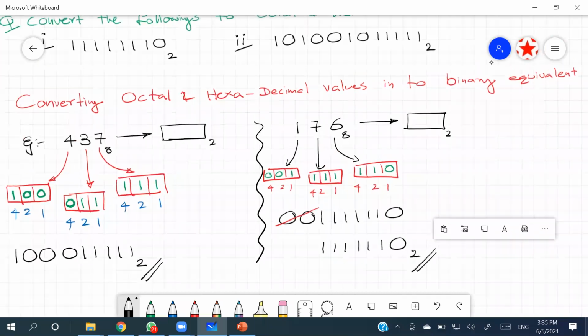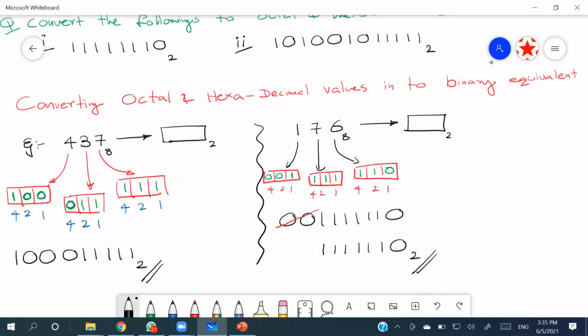Right. So is there anyone still writing this? Or else we can go for the other conversion.